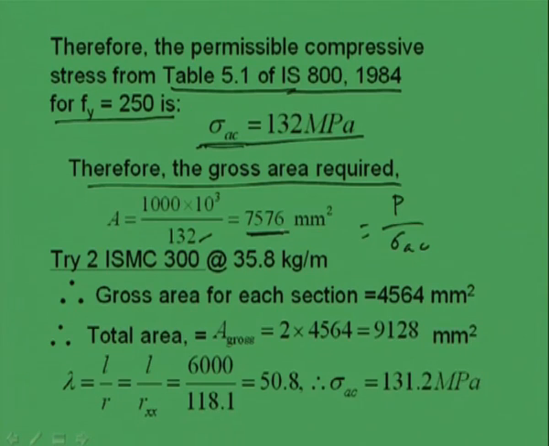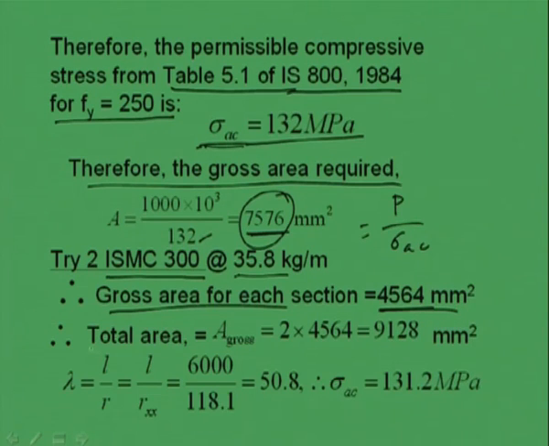Now, we will see two channel sections as we are going to use. So, what channel section will be preferable to provide this much area, right. If we use say ISMC 300 with a weight of 35.8 kg per meter, then the gross area of each section is given as 4564 millimeter square, right.